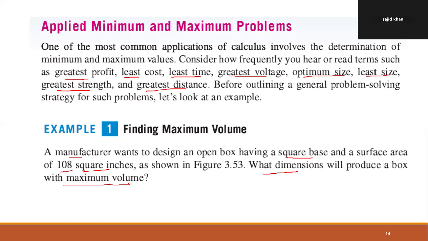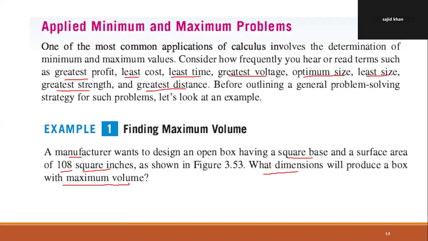So first of all, we calculate the dimensions of that box mathematically, and after that we construct that box, so it is easy for us to accommodate the maximum volume in that entire open box.